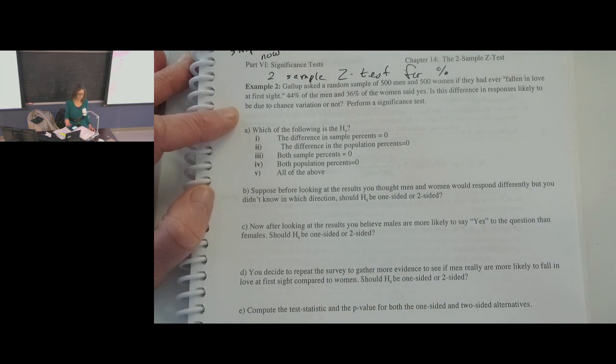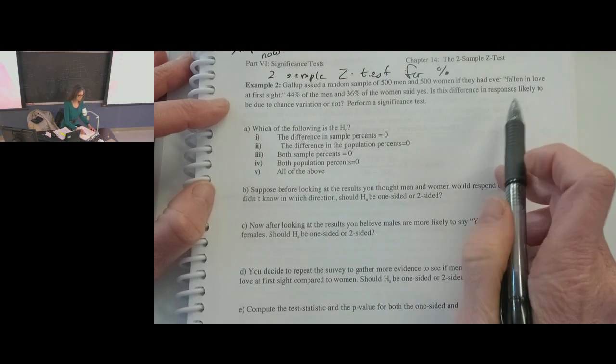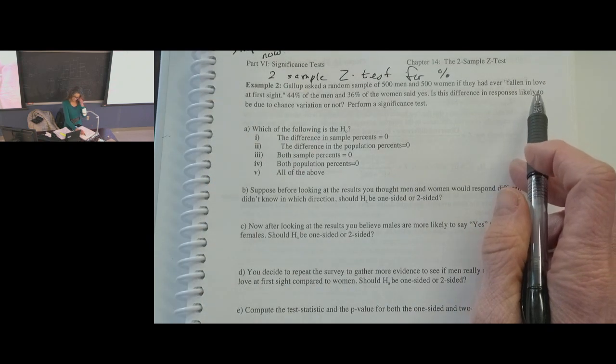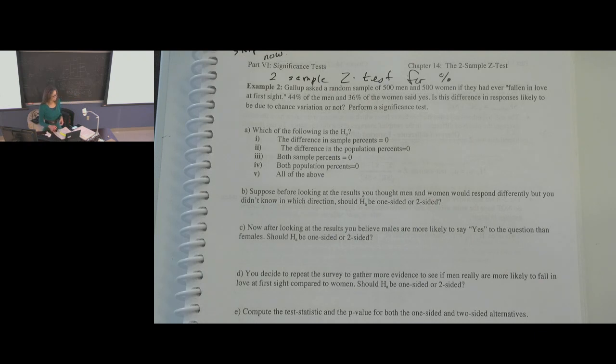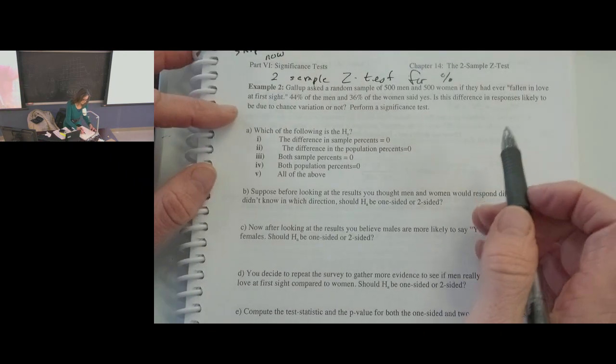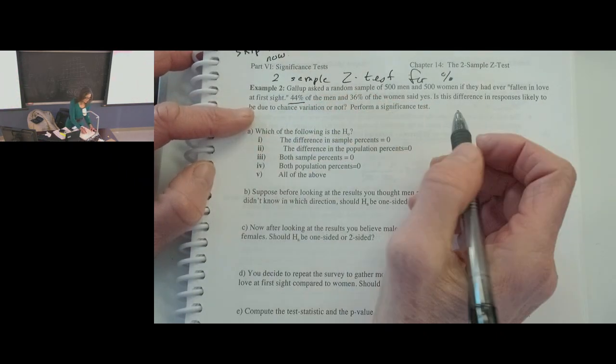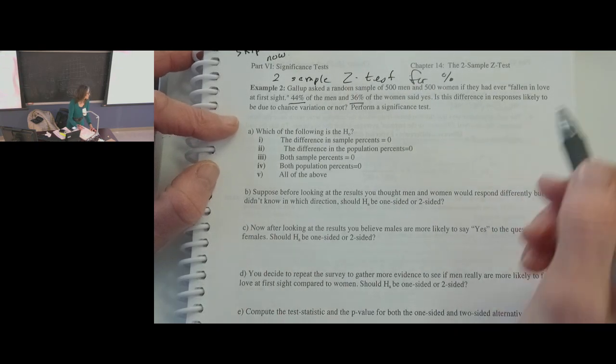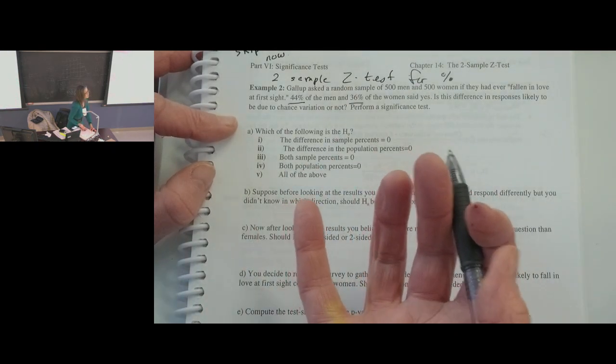Gallup asked a lot of love questions, and it asked 500 men and 500 women if they'd ever fallen in love at first sight. And 44% of the men said yes, and 36% of the women said yes. So is this difference in response just due to chance variation or not?